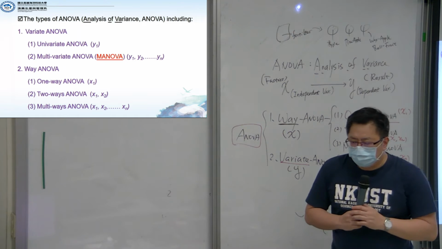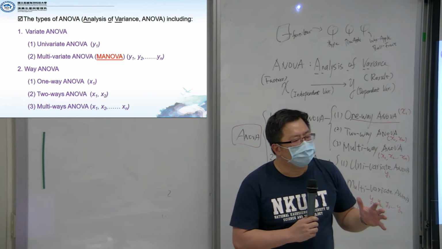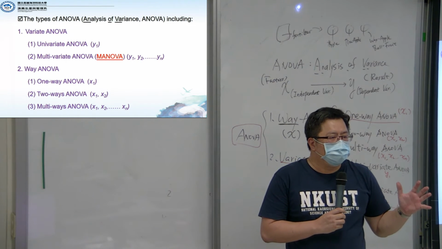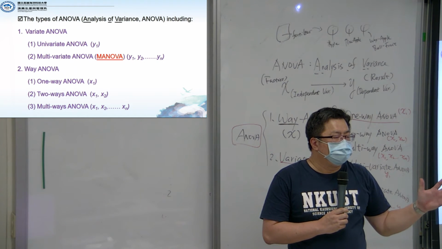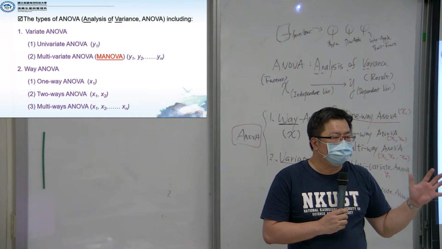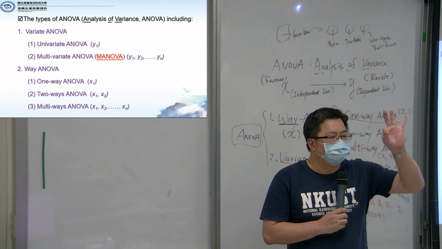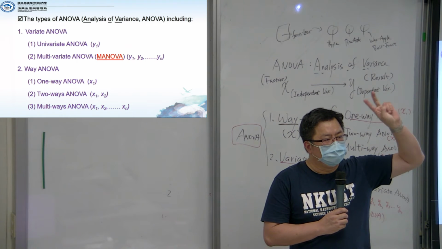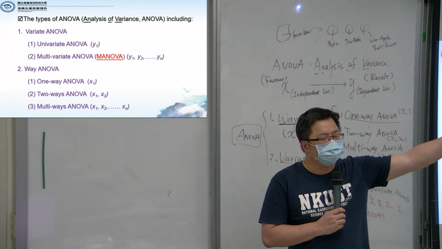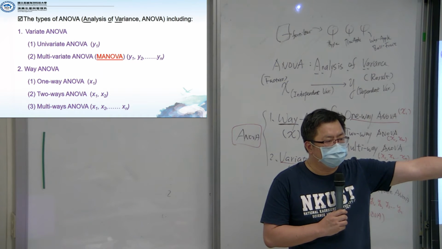That's okay. But just as I mentioned, when we compare the mean of the population, we have also three conditions. One is one sample. The other is independent sample. The third is a dependent sample.